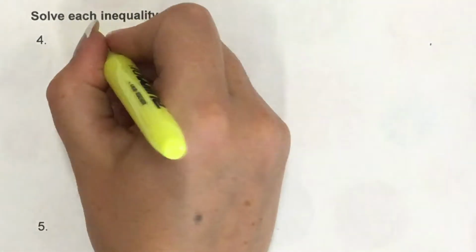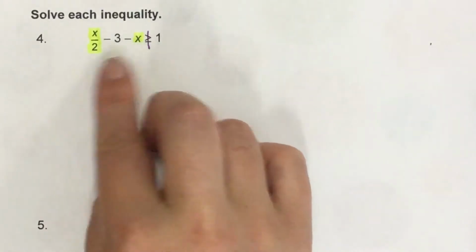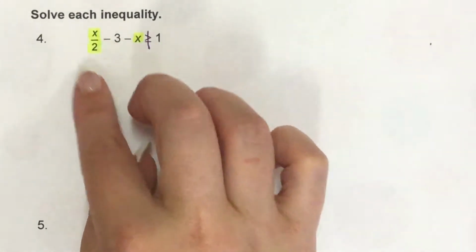So what that means is I have to combine like terms. Whenever you have 2 variables on the same side of the inequality, you do the same thing as you did with multi-step equations. We have to combine those x's when they're on the same side of the inequality, okay?